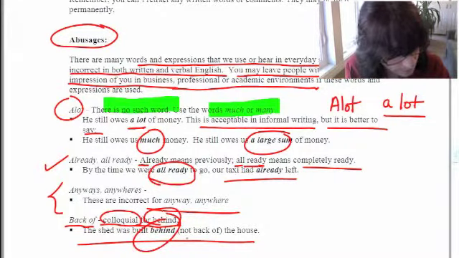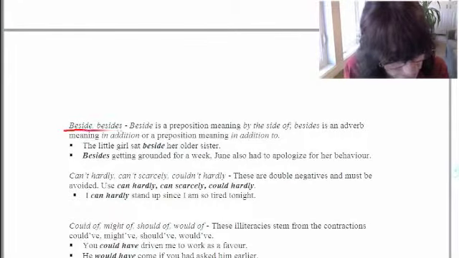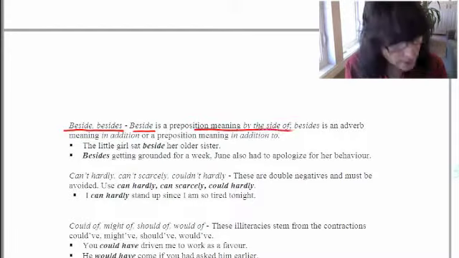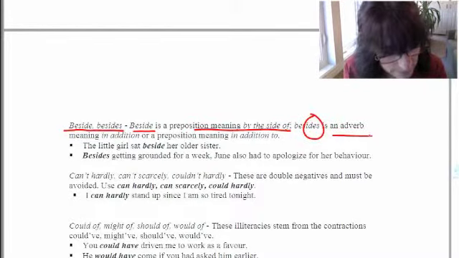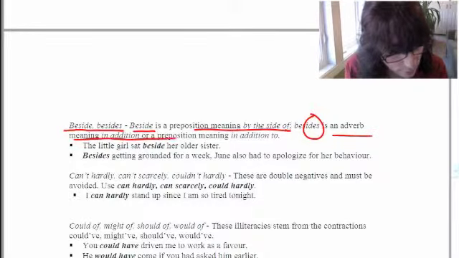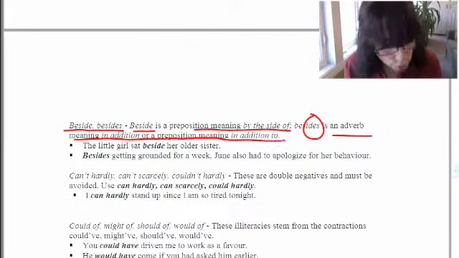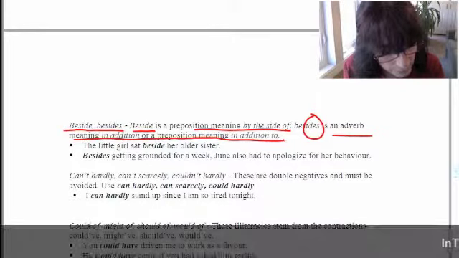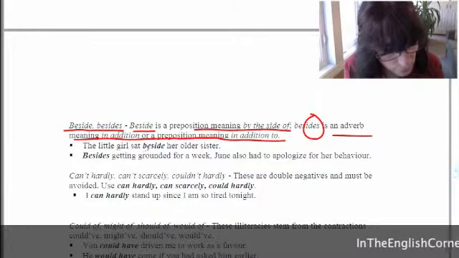Next is beside and besides. Beside, without the S, is a preposition meaning by the side of, whereas besides, with the S, is an adverb and it means in addition, or it's also a preposition meaning in addition to. Example, the little girl sat beside her older sister.